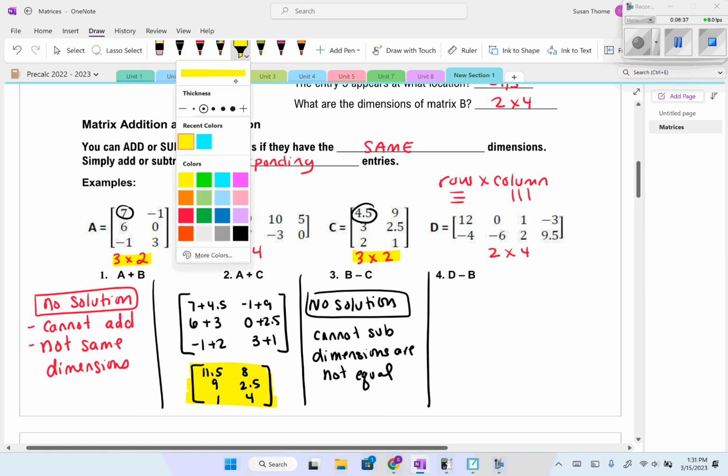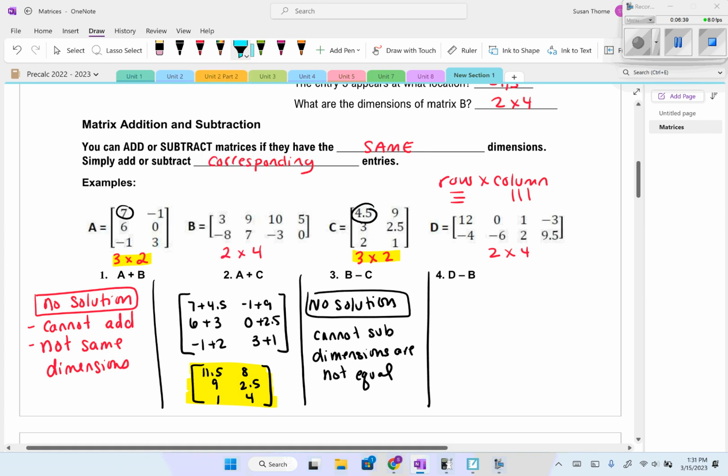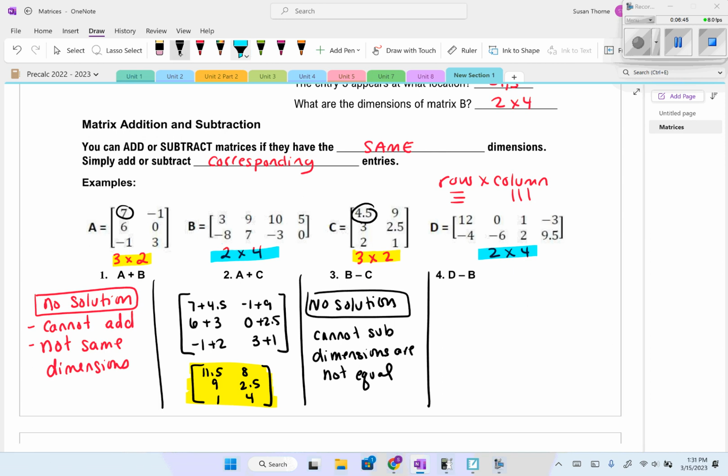So for this one, if we're subtracting matrix D from B, and yes, order matters, you can subtract them because again, they have the same dimensions. So in this case, again, order does matter. So we want to subtract D from B. So this would be 12 minus 3, 0 minus 9, 1 minus 10, negative 3 minus 5 for the first row.